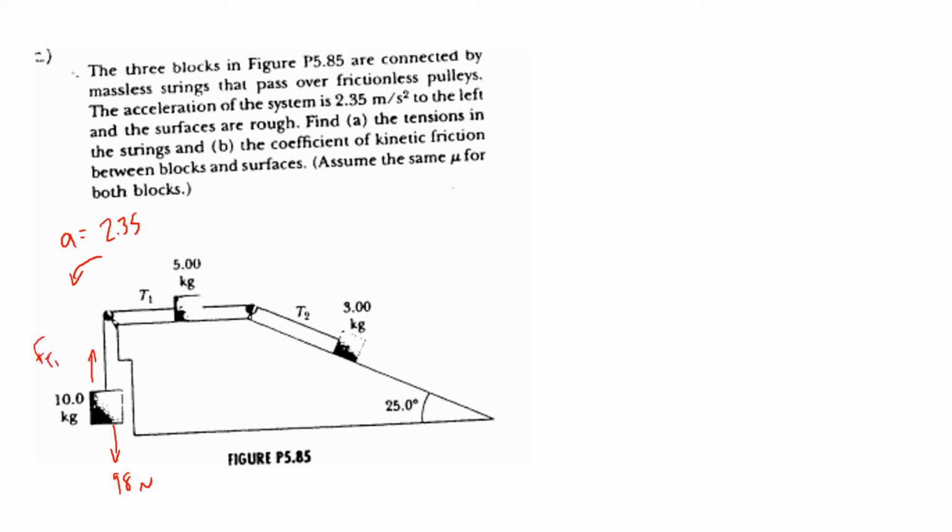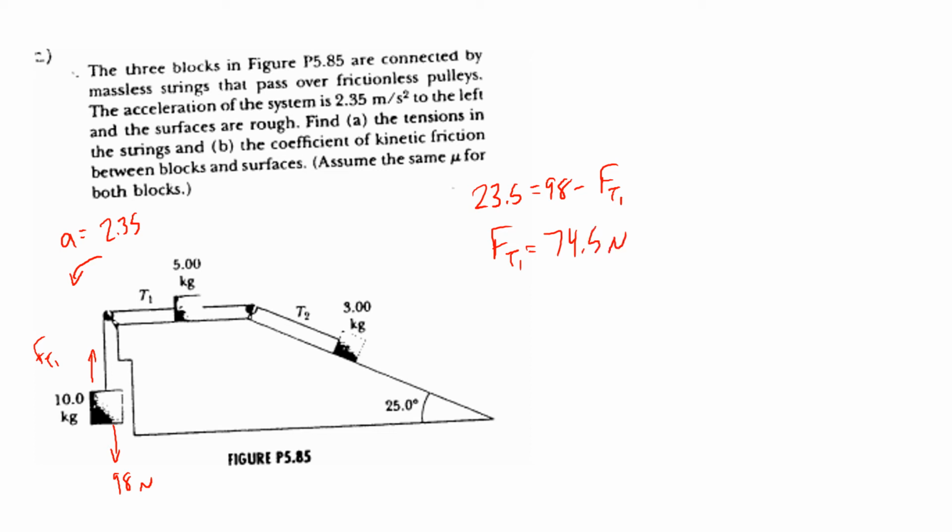So since I know the acceleration, oh, it's 10, which means I can do it easy. So 23.5 is going to equal 98 minus my force of tension 1. So 98 minus 23.5 is going to be 74.5. So Ft1 is equal to 74.5 newtons.